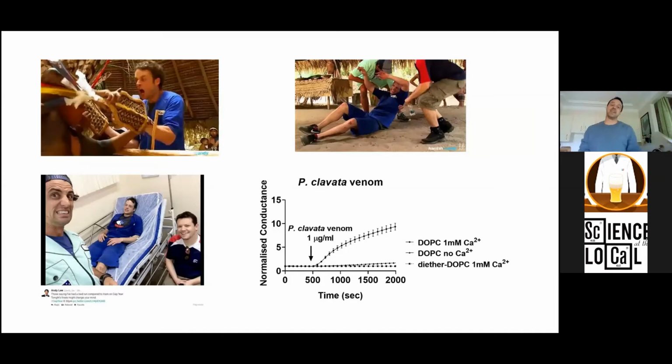We want to see if there's phospholipase A in there. And so that's what we did. We added our venom from this particular ant that we got with some collaborators. And we saw in membranes with the ester lipids that we've got a huge response when there's calcium in the solution. There's not much of a response when there's no calcium.